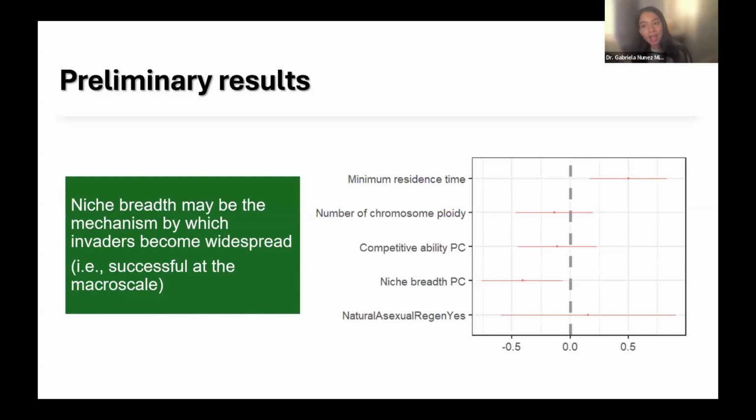So we found with a subset of the data that niche breadth may be the mechanism by which these species are becoming widespread, so they're becoming established and spreading across the continent, and so becoming successful at the macro scale. That's among all those other mechanisms that I had mentioned before.